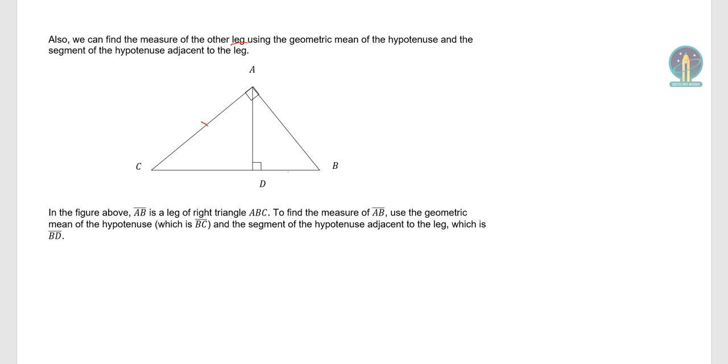To find side AC, we took the full hypotenuse and the segment adjacent to side AC, and we took the geometric mean of this segment and the full hypotenuse. Now to find side AB, we take the full hypotenuse and the segment adjacent to side AB. You take the geometric mean of both of these two segments. Okay?